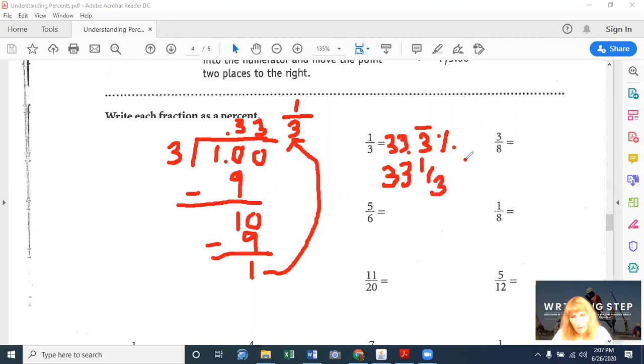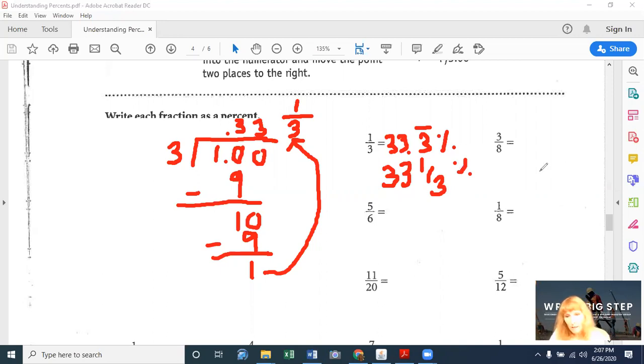If you were to divide 1 by 3, obviously we'll get that 0.3 repeating. So both of those are correct ways of writing 1/3 as a percent. So anytime you have a number on the bottom that is a multiple of 3, like 3, 6, 9, 12, 15, you are going to get a repeating decimal.